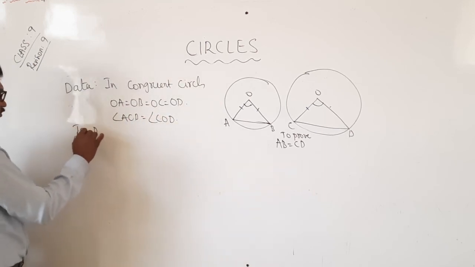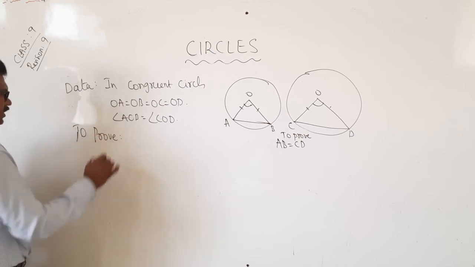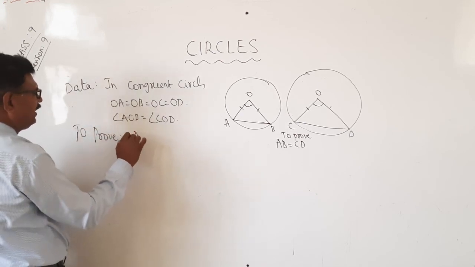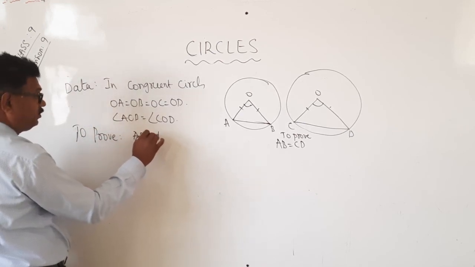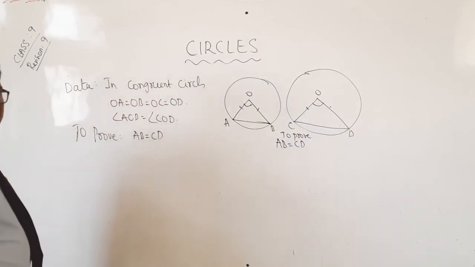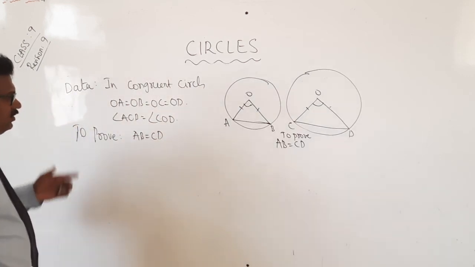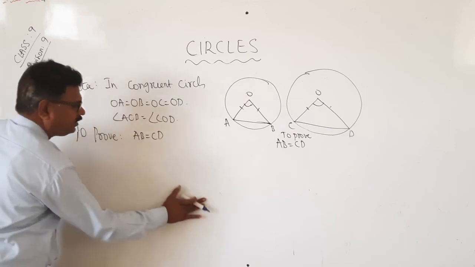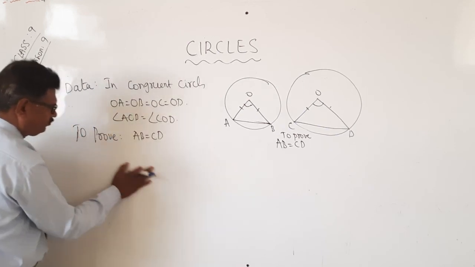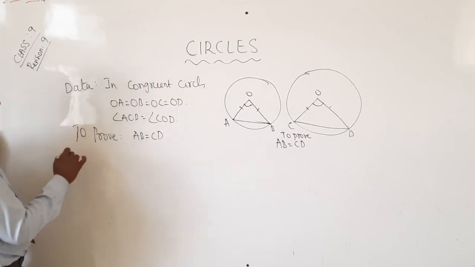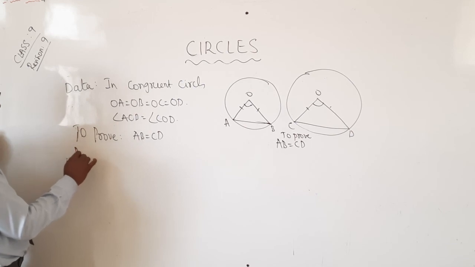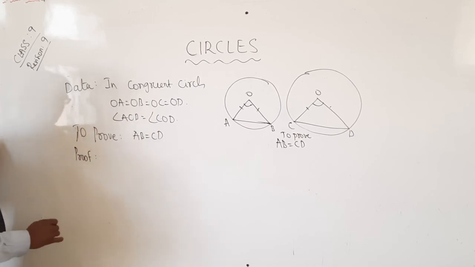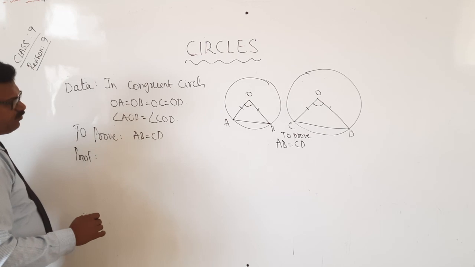Now to prove, so what we have to prove? AB equal to CD. Next. Now the proof is very simple.